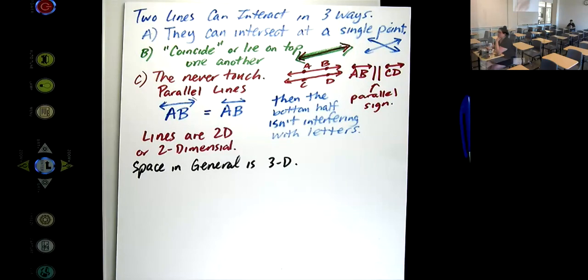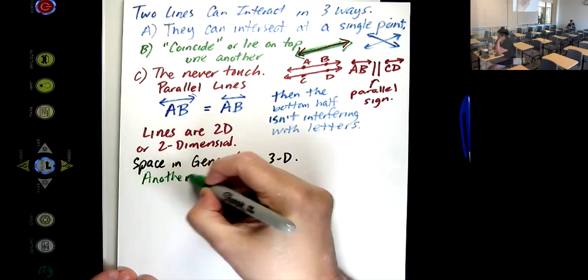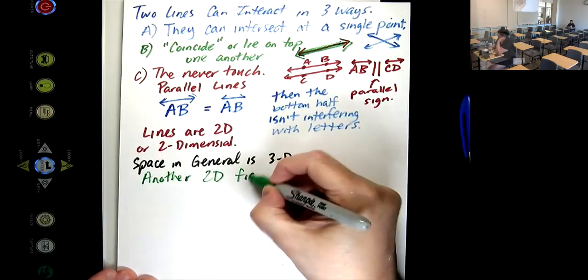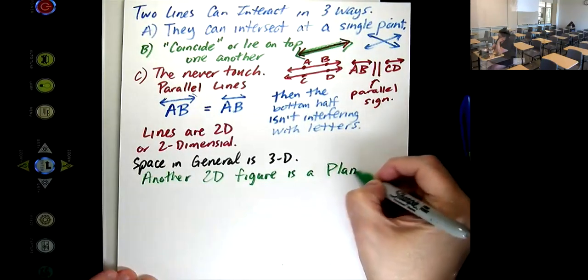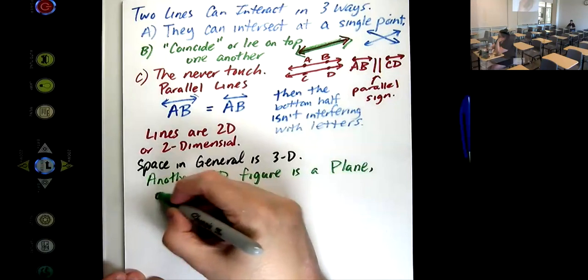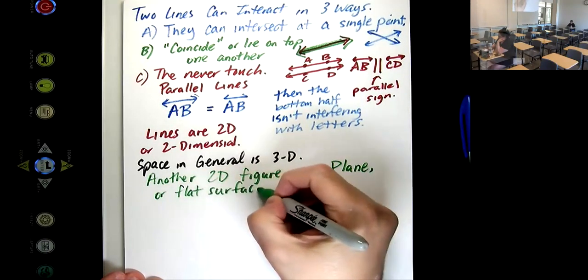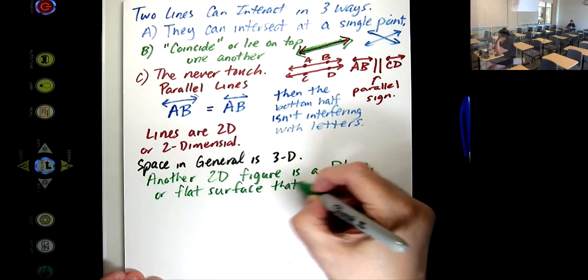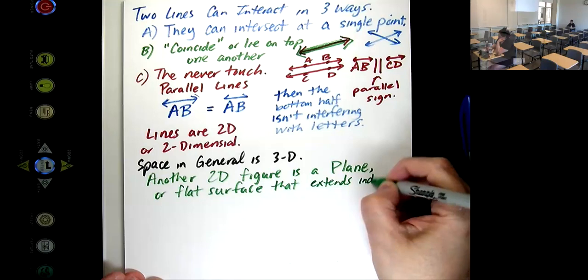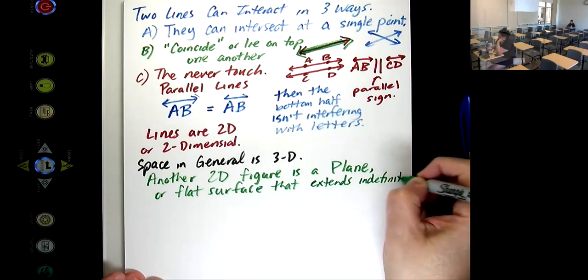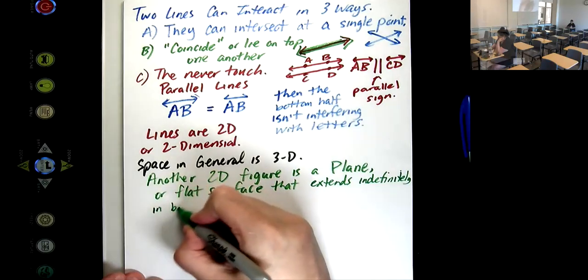Okay, there is one more, another two-dimensional figure. It's a plane, or flat surface that extends indefinitely in both directions.